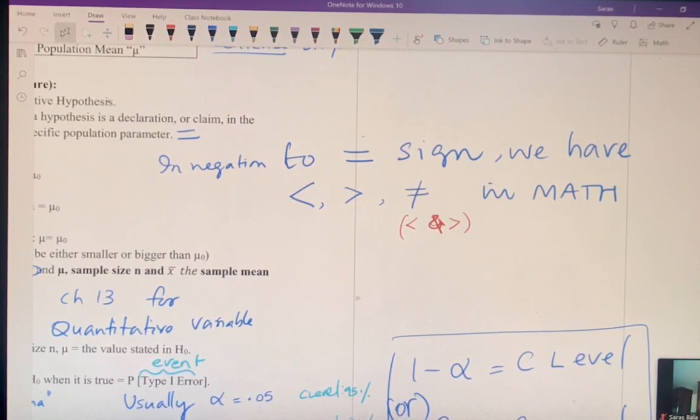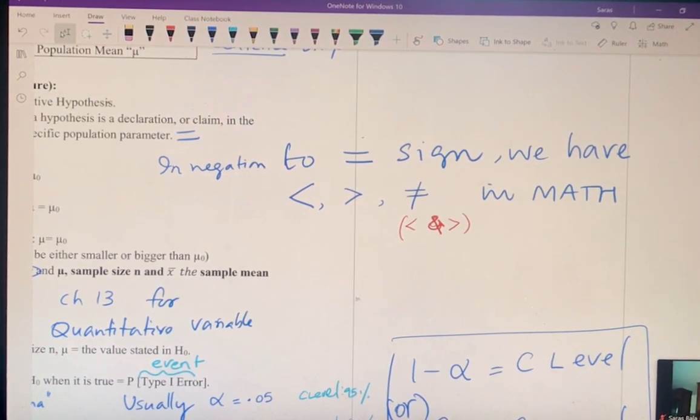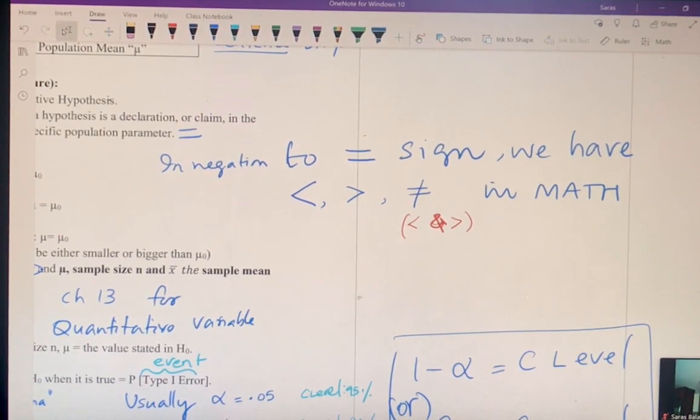So if we have the equality sign, then in negation to the equality sign, or opposite to that sign, we are given three signs. It could be less, it could be greater, or it is not equal to. When I say not equal to, it includes both the less than and greater than signs.